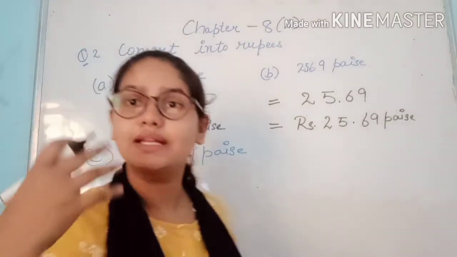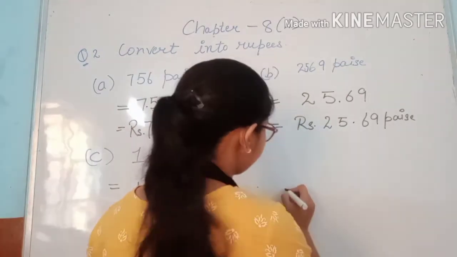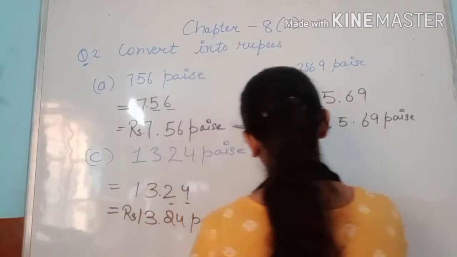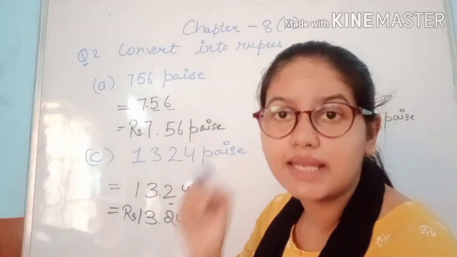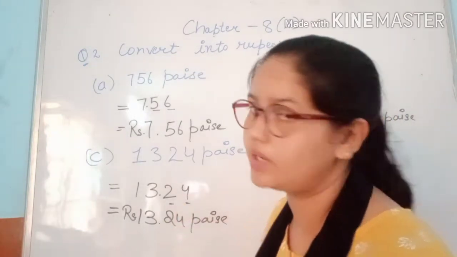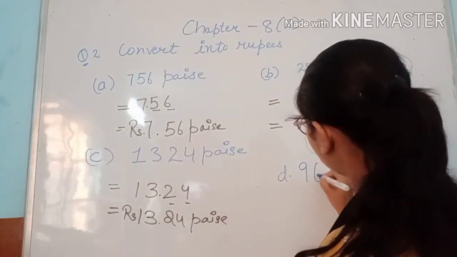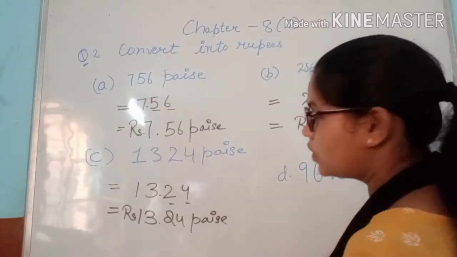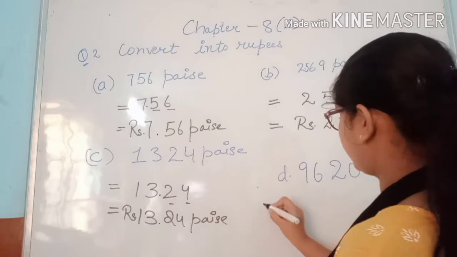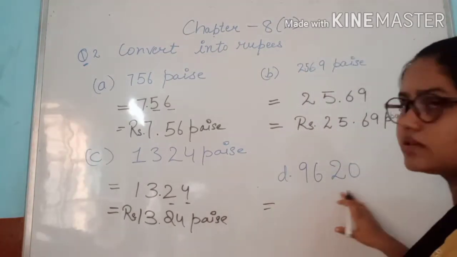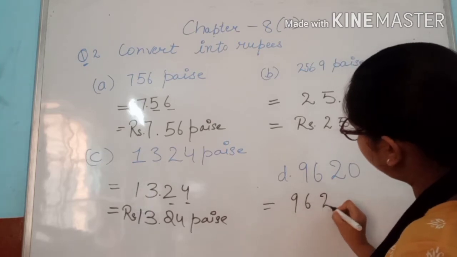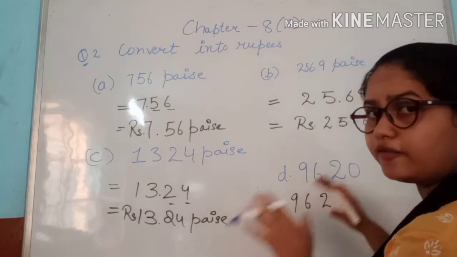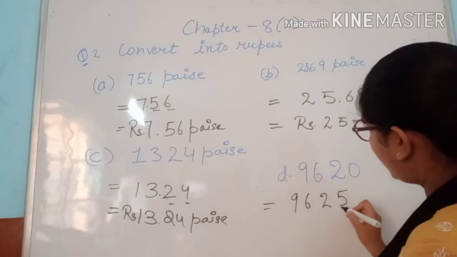Let's do the D1. So D is 9620. Now we will count from the right side. 1, 2.